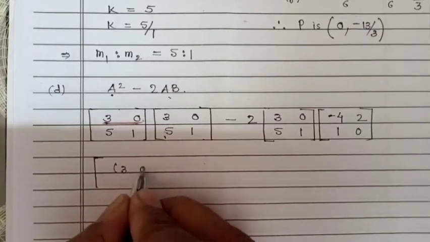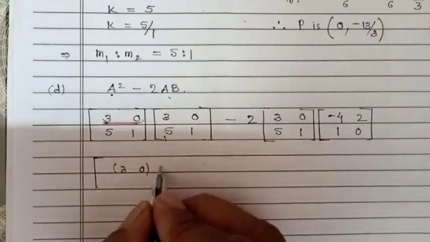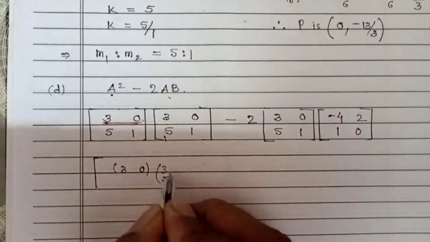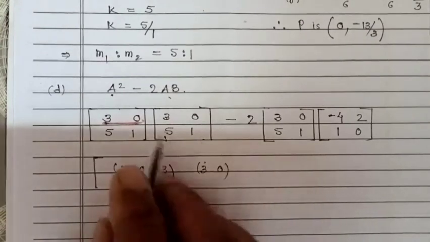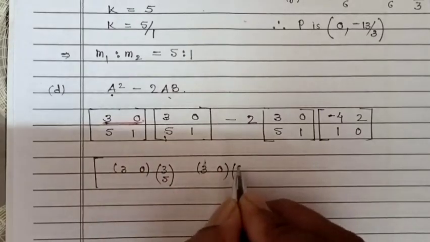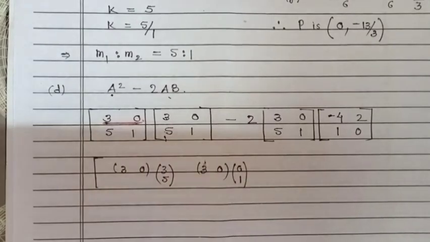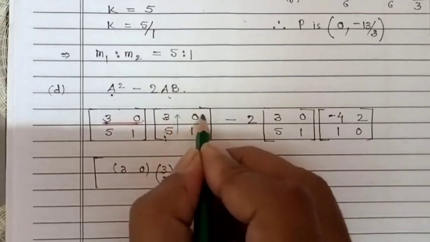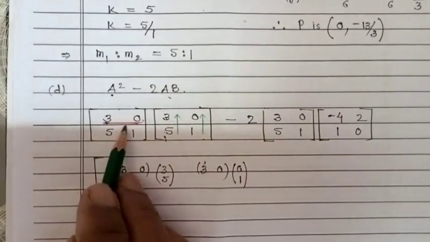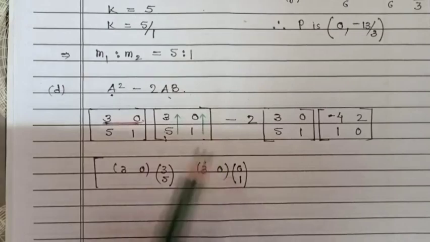See, 3 0 multiplied by first column 3 5, then again the first row 3 0 multiplied by the second column 0 1, so like this. If you mark it like this, it will be easy for you to understand. First row multiplied by these two columns.